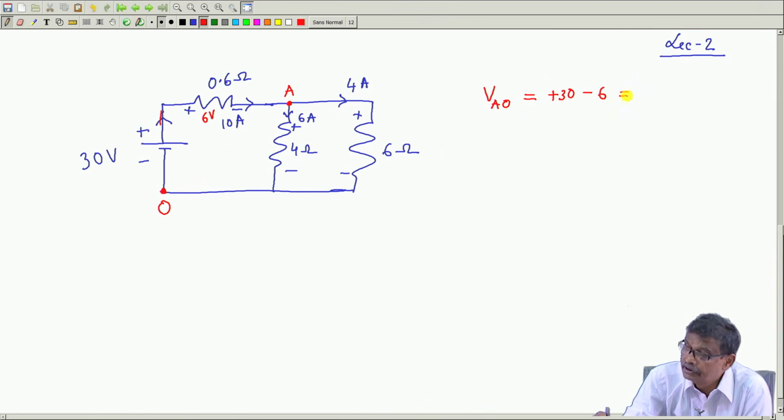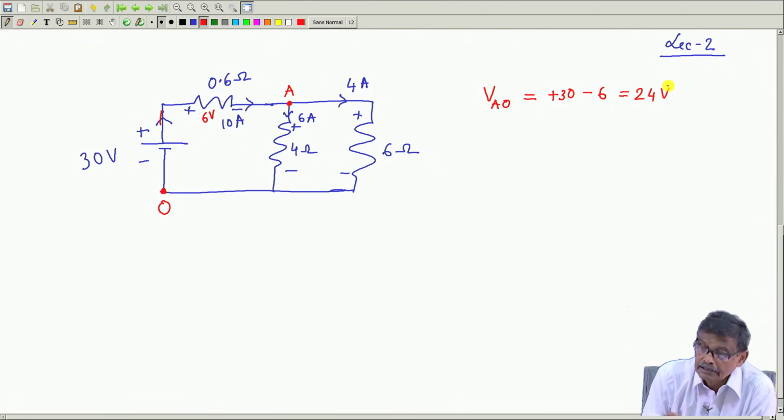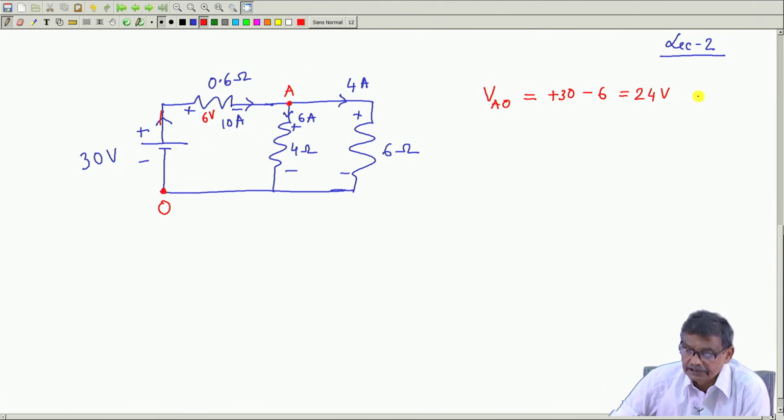So this voltage will become equal to 24 volt. Therefore, if you connect a voltmeter between these two, I will say VAO is 24. I expect that voltmeter to read 24 volt.